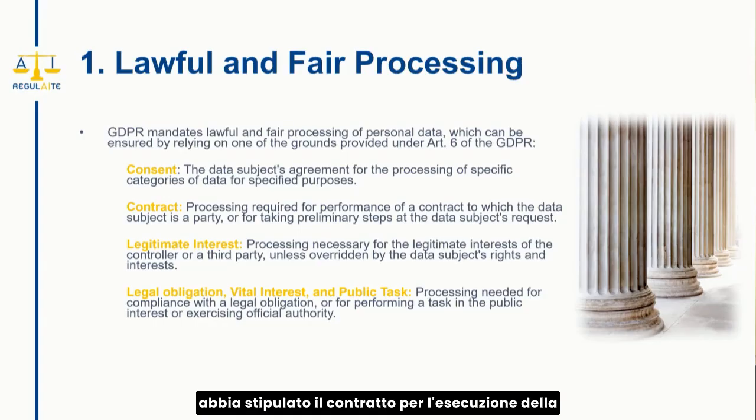And in recent guidelines, the European Data Protection Board has stated that normally this ground cannot be relied upon for the improvement of services because it is considered that the data subject has entered into the contract for the performance of the initial version of the product. Therefore, the new and improved version wouldn't necessarily be required for the performance of that agreement.